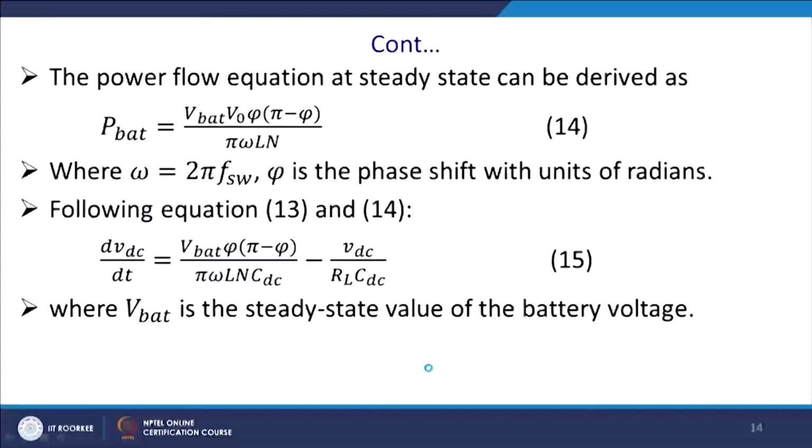And from there what we can say is the power flow equation at the steady state. Whatever power is flowing from the battery is battery voltage plus output voltage into psi pi minus psi into 2 omega ln, where this omega is not the frequency of the grid.